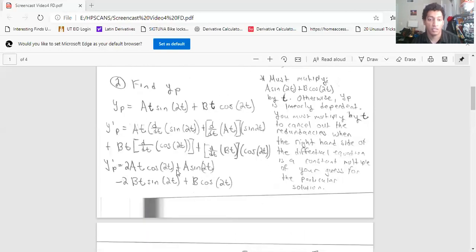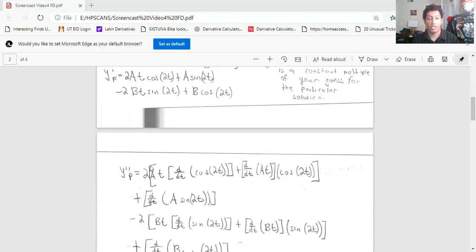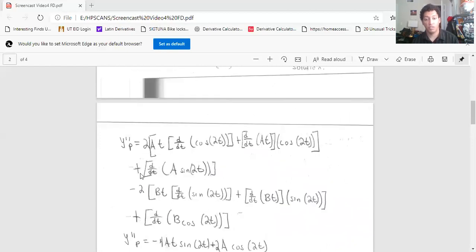The first derivative of yp is 2a t cosine 2t plus a sine of 2t minus 2b t sine of 2t plus b cosine 2t. Now I'm going to find the second derivative, which is what you're going to plug into the equation later on. I did the product rule and the chain rule like I did above, and this is all my work showing my calculations.